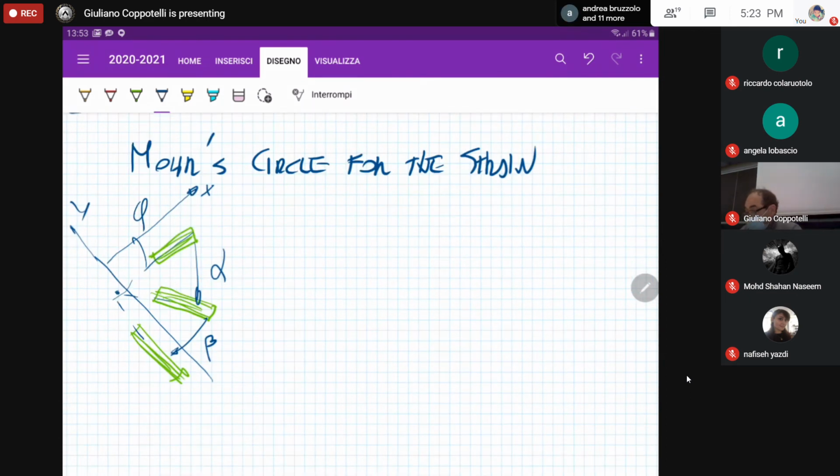And we call the strains measured by these strain gauges epsilon 1, epsilon 2, and epsilon 3.